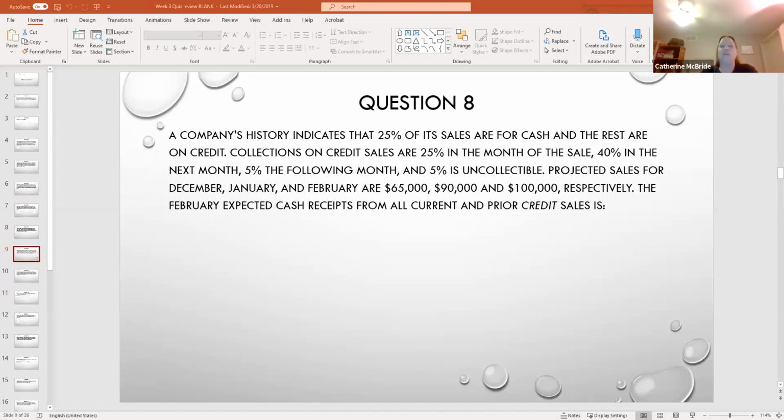So a company's history indicates that 25% of its sales are for cash. So cash is 25%, which means that credit is 75%. Collections on credit sales are 25% in the month of the sale.